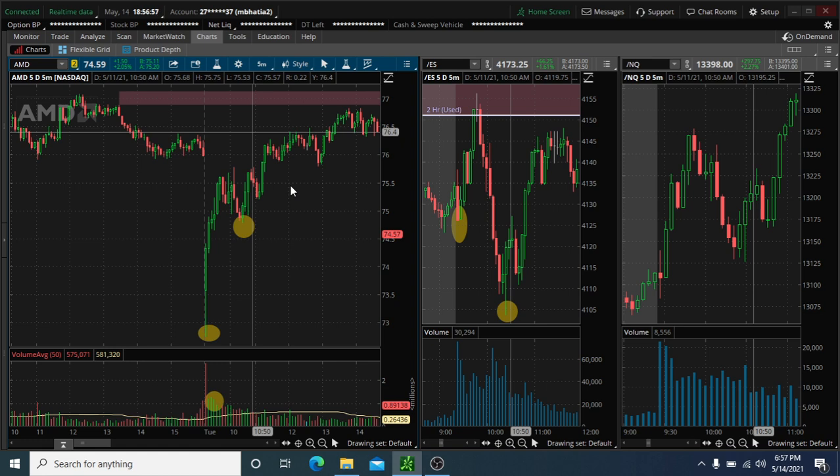The fourth thing I do is I identify what ES, NQ, and VIX are doing. Let me list out a couple of rules that I have. If ES and NQ, or either one of them, are in a fresh supply zone, or if VIX is in a fresh demand zone, I don't want to take a long position because those are potential areas where the market can reverse.